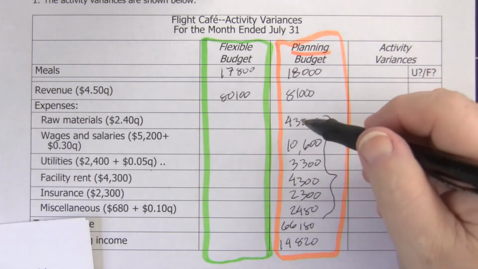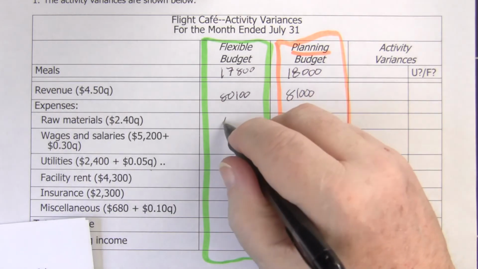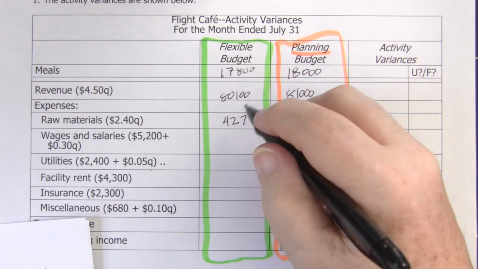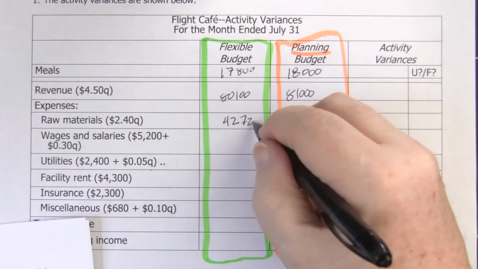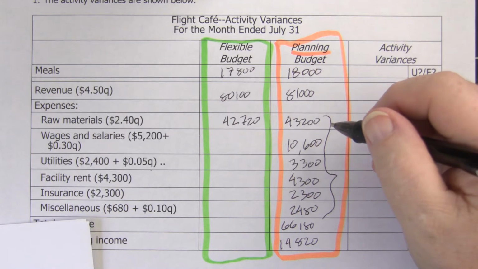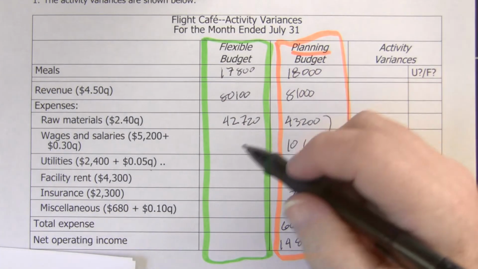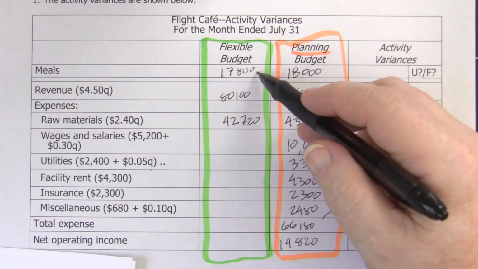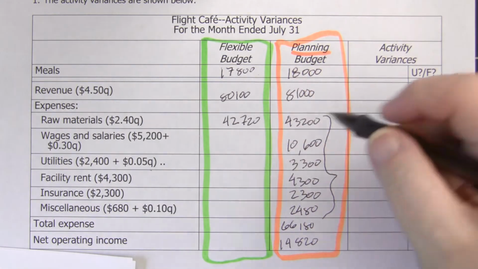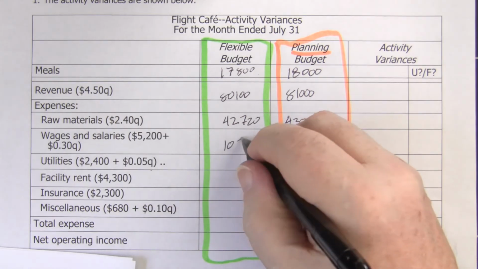Our raw material should also be less because we used less: 42,720. Our wages and salaries was 5,200 plus 30 cents per meal. 30 cents a meal times 17,800 plus 5,200 comes to 10,540.